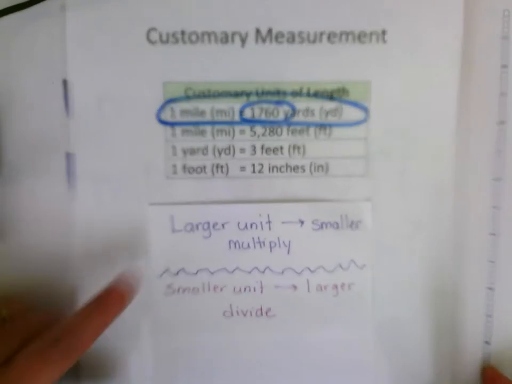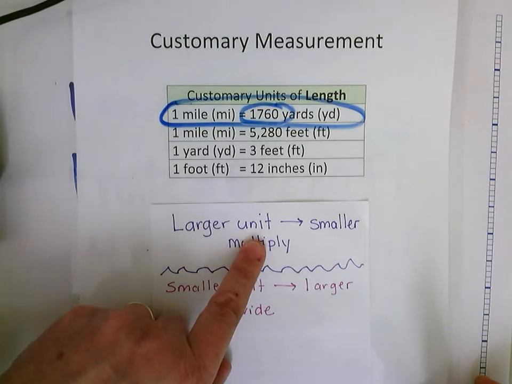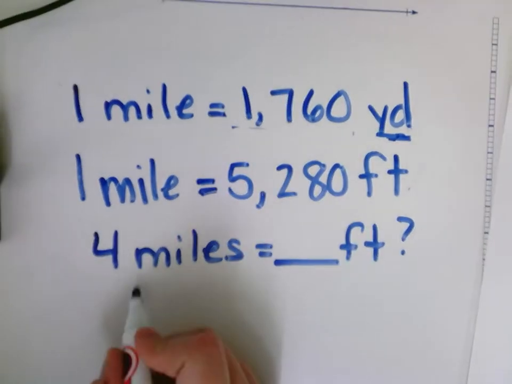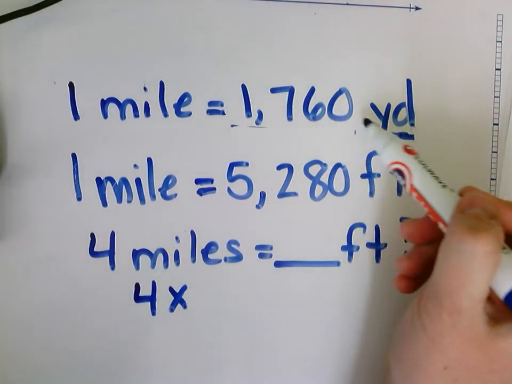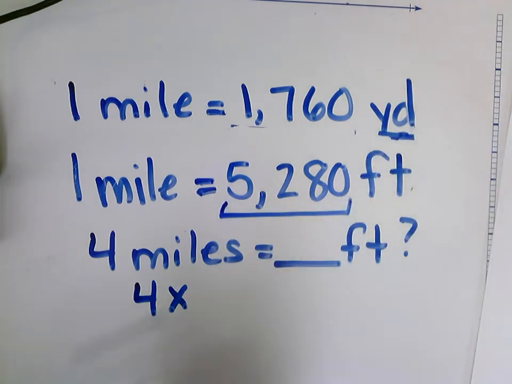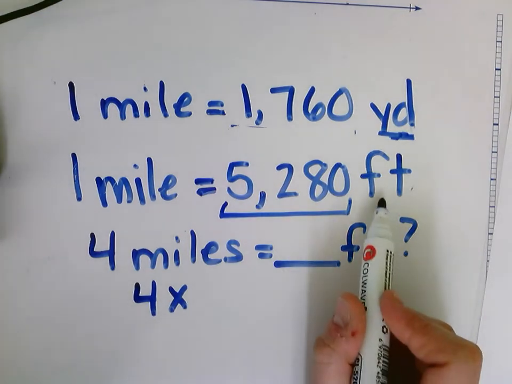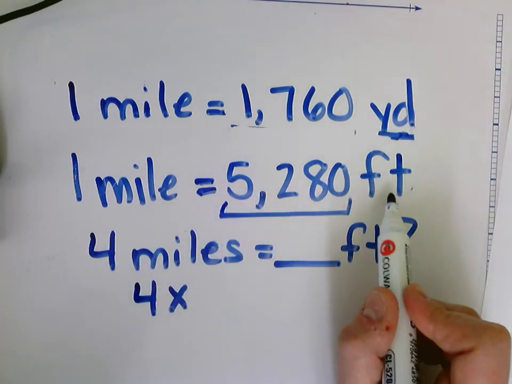So whenever we move from a larger unit to a smaller unit, we're going to multiply. So I'm going to multiply 4 times what? Not 1,760. That's how many yards are in a mile. I need to multiply by 5,280 because that's how many feet are in a mile.